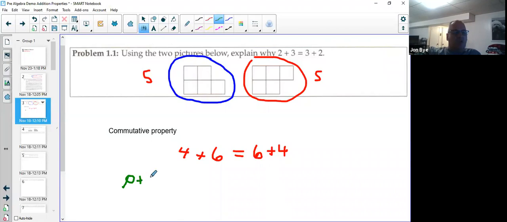So if you take any 2 numbers, positive integers, P plus Q is going to be the same as Q plus P. It's called the commutative property.